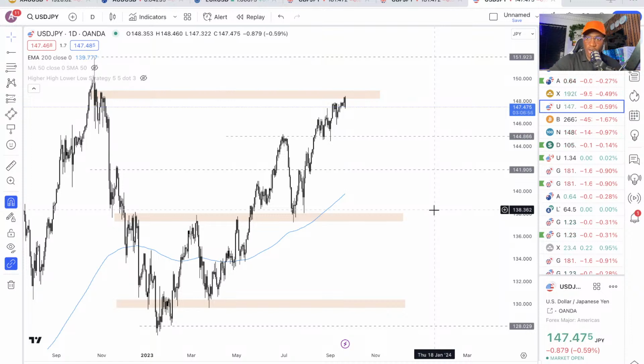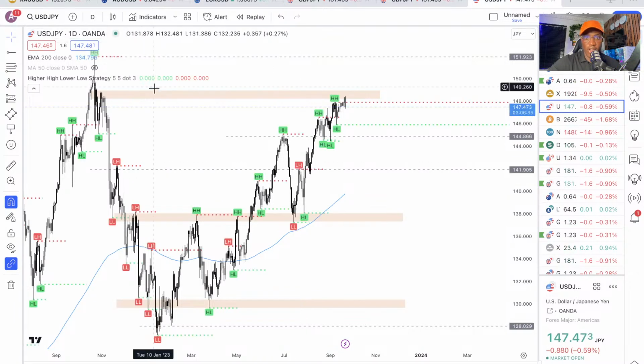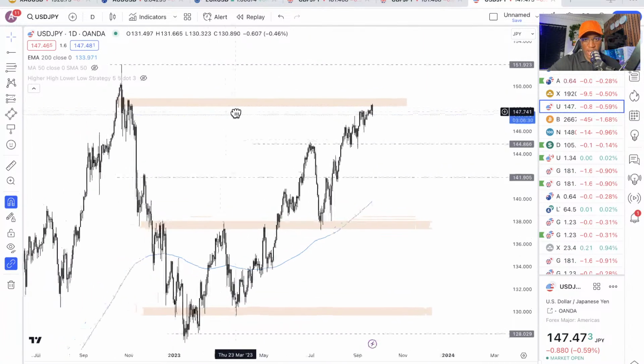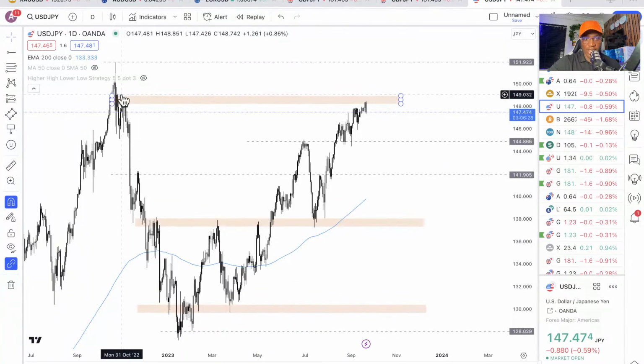So if the dollar is strong, then it's also going to play out on USDJPY, NZDUSD, GBPUSD most of the time. Okay. Now we're seeing that the dollar has been strong for quite a while now, and the USDJPY market has been trending upwards, creating a series of higher highs and higher lows, and it has finally made a retest at these highs that were created last year, October.